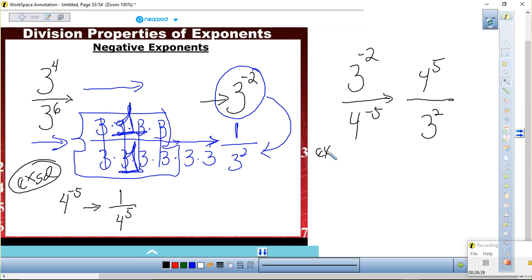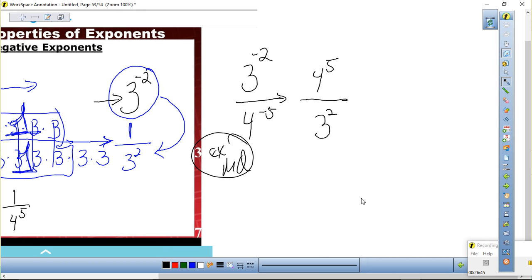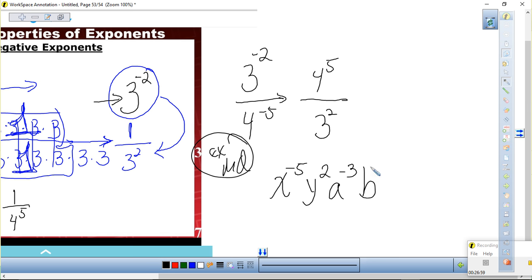All right, so then now that we got the hang of this, let me give you another one. Example, mega Q. Yes. Here he goes. Let's do x to the negative 5th, y squared, a to the negative 3rd, b to the 4th.